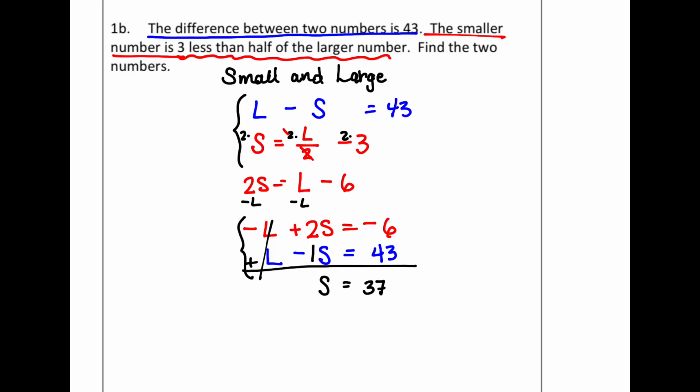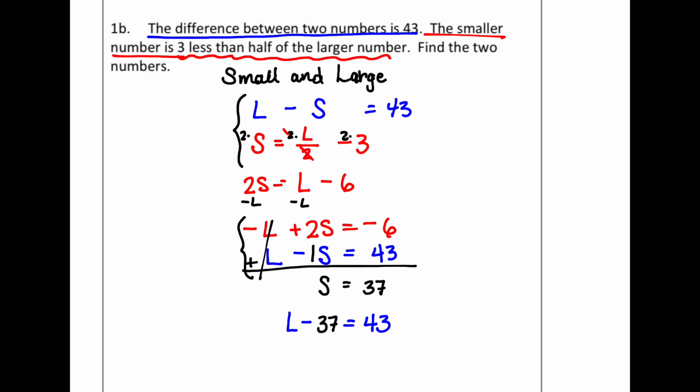And now that I know one of them, that's the smaller number, right? Now I need to put it into an equation with both variables. So it could be this one or this one or this one. Okay, I'm going to choose this one. So if I do L minus the 37 I just got, it's supposed to equal 43, right?